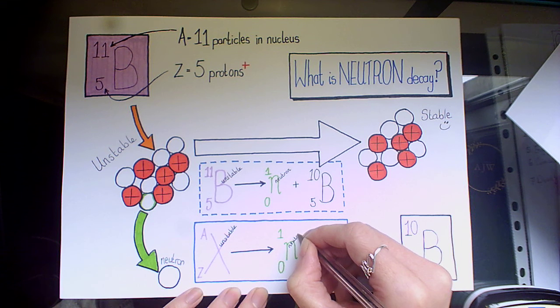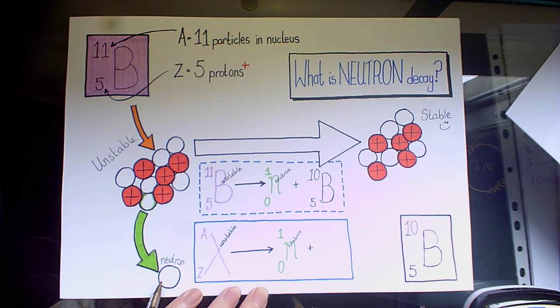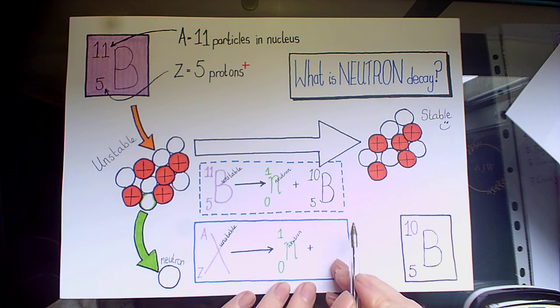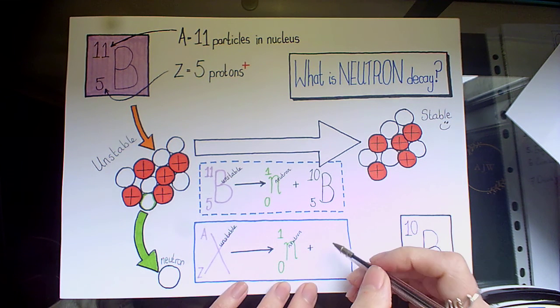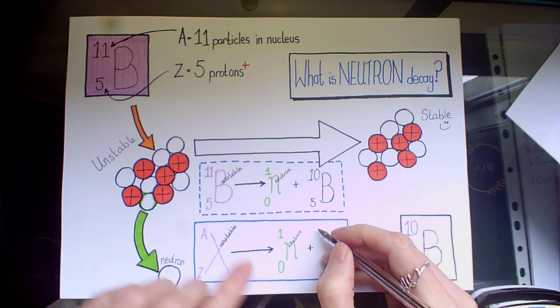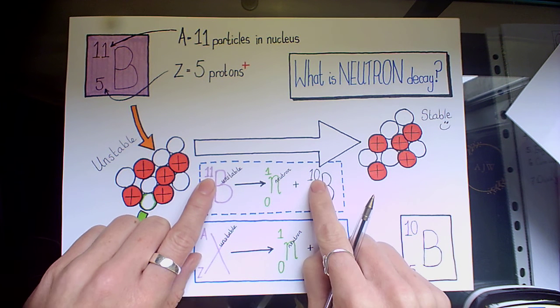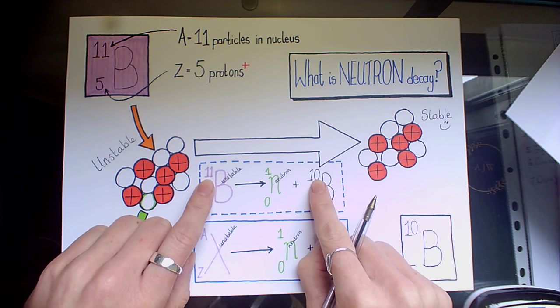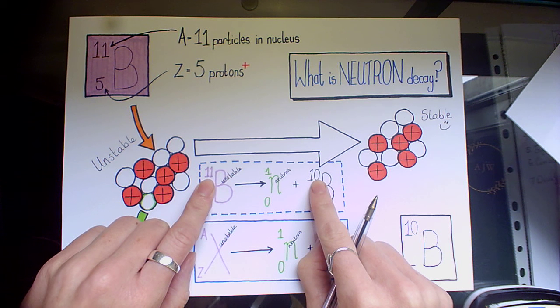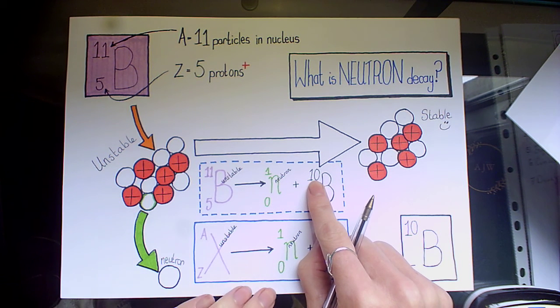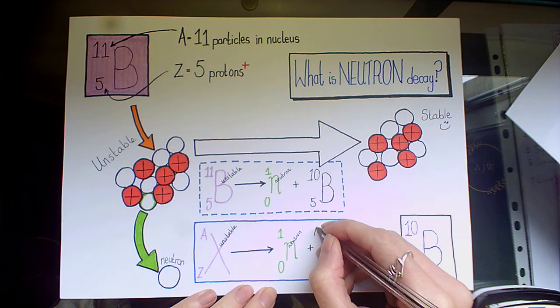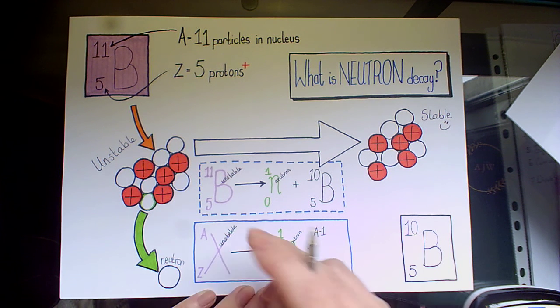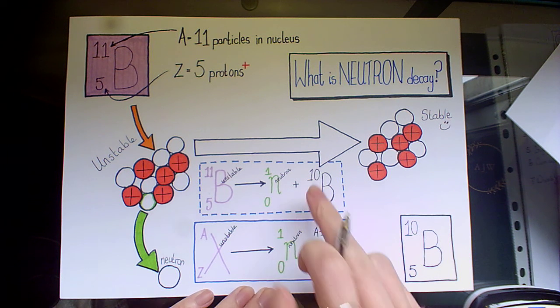So 1 neutron has been emitted, just like here, and that leaves behind an atom whose mass number has actually gone down by 1, because we started off with 11 things in the nucleus, we've now got 10 because that neutron has been emitted. So the A is actually A-1 in this example. We've gone from 11 down to 10.